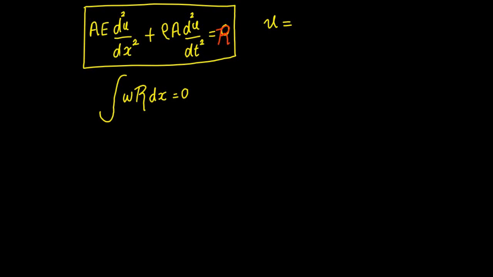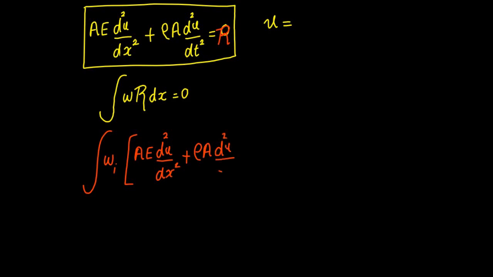So in the next step, I'm going to write the integral of w, I should say w suffix i because there can be more than one weighing function, into r, which is AE into d square u over dx square plus rho a into d square u over dt square, into dx, and that should be equal to 0. This is according to Galerkin's weighted residual method.